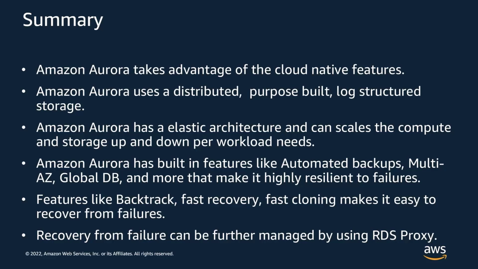Amazon Aurora has built-in features like automated backups, multi-AZ architecture, global databases, and more that make it highly resilient to failures. Features like Backtrack and fast recovery, fast cloning makes it even easier to recover from failures. And recovery from failures can be further managed by using integrations to other services like RDS Proxy.